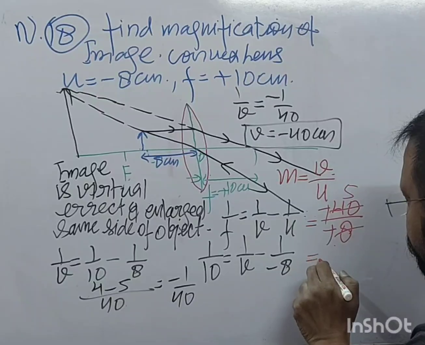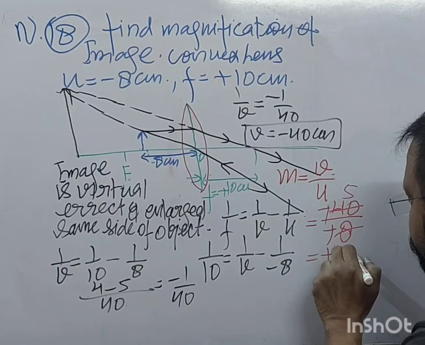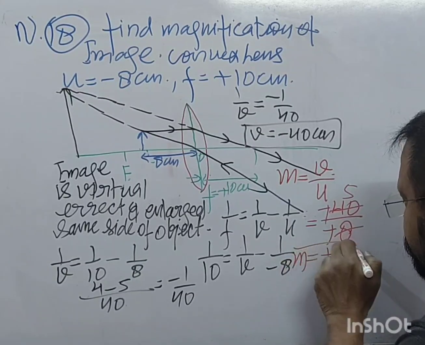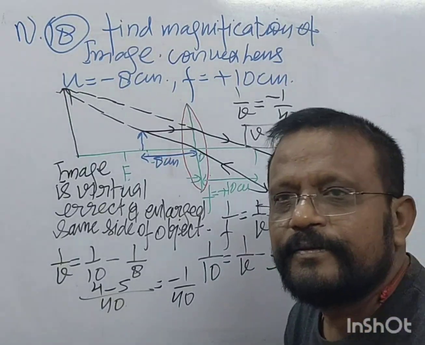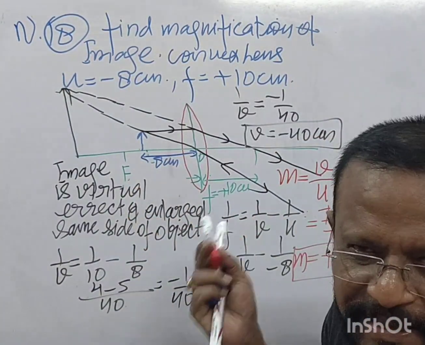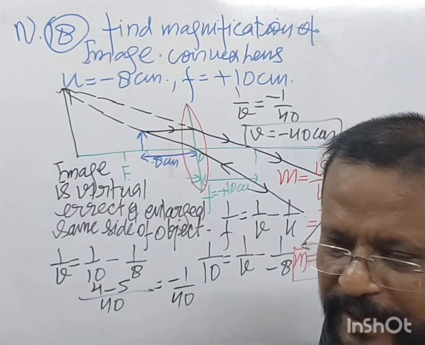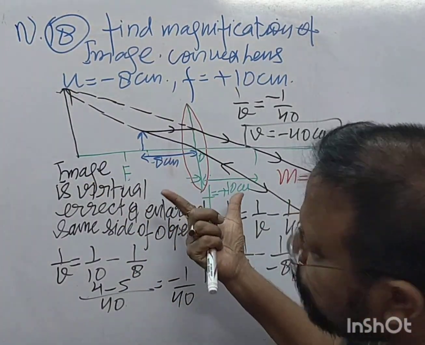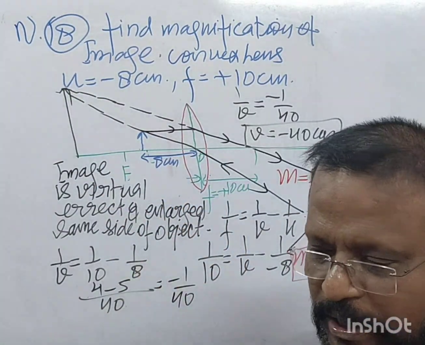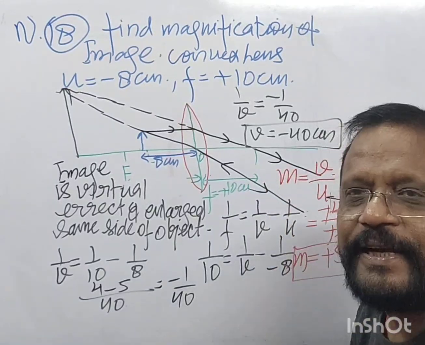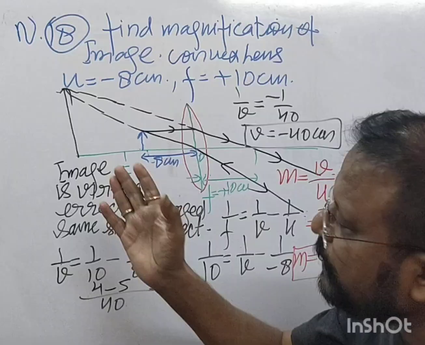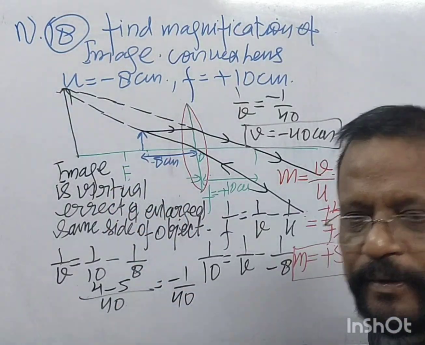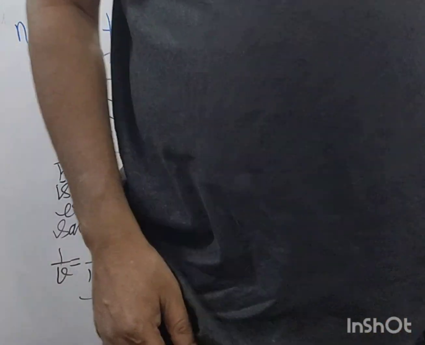So plus 5 is the magnification. You get this? This diagram I just made for my reference. But you can understand that because the object is in between the focal length and optical center, the image will be virtual, erect and enlarged. So definitely the distance will be more. I hope you understand this.